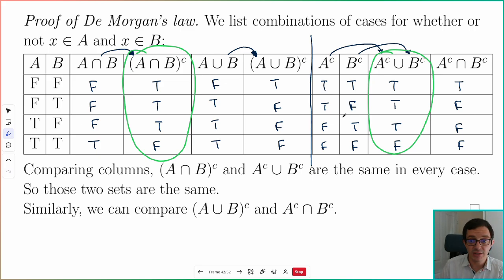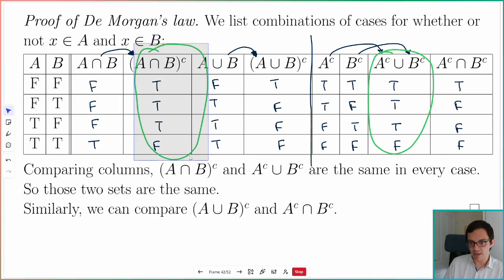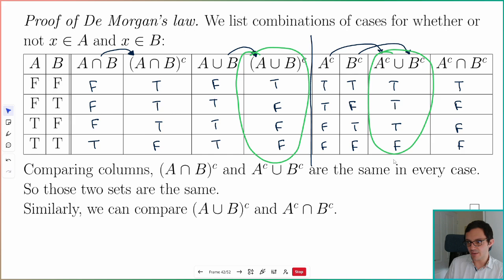It means in every case, no matter which subsets you are a member of over here, either you're in this highlighted set or not, exactly when you're in this highlighted set or not. And similarly, for the other De Morgan law, we can look at the complement of A union B, and we can look at A complement intersect B complement, true, false, false.